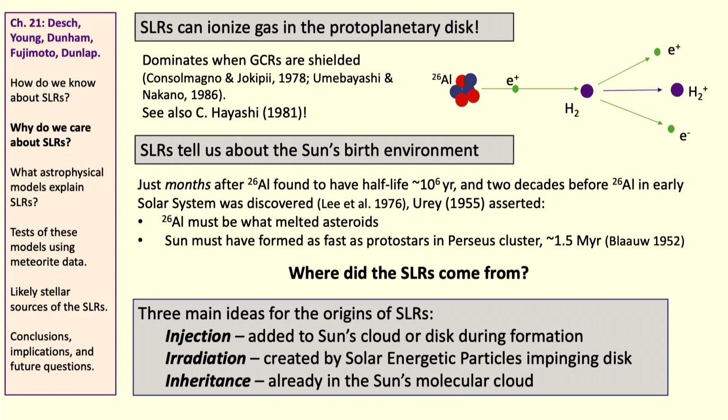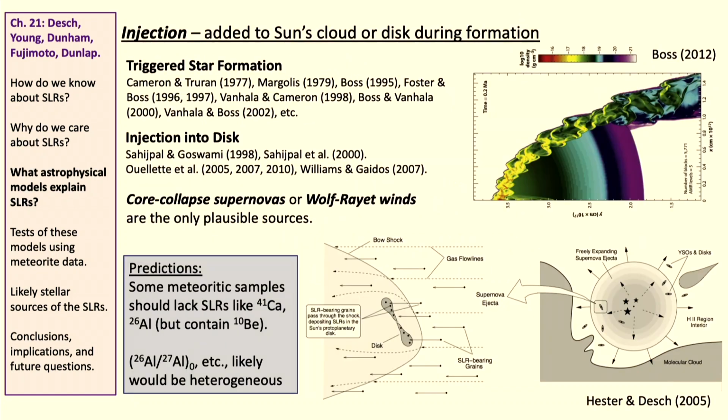Easy to remember. But because the short half-life is something that Harold Urey emphasized, I think for decades our thinking has been that you had to do something at the last minute to have it, and the inheritance was sort of underappreciated. We can test these ideas, and to make these tests we have to understand how they work and what they predict. So let me talk first about injection.